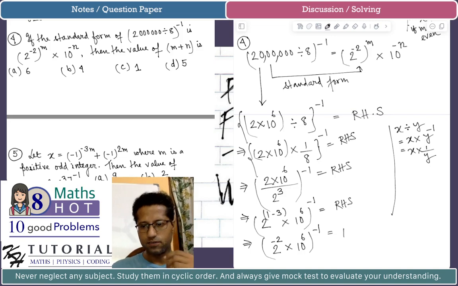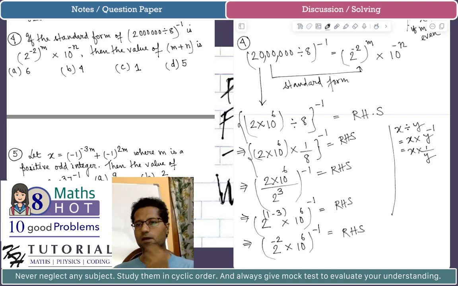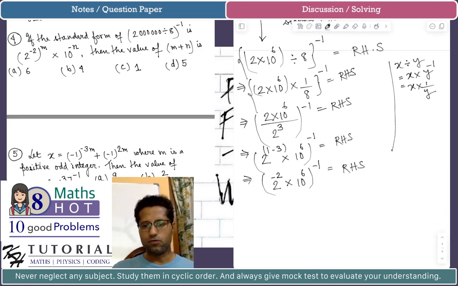On the right hand side, in the standard form, we have 10 to the power minus n, where n is some integer. So we also have to convert the left hand side so that the power of 10 is a negative integer.